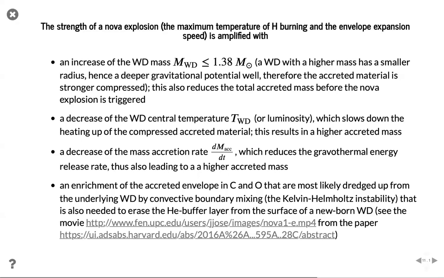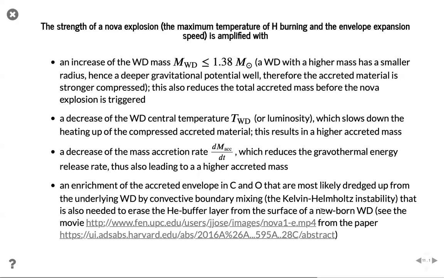In the previous movie, I showed you, instead of a real nova model, a nova-like model with a helium buffer layer. Actually, when a white dwarf is just born, as a result of the mass loss by an AGB star, a white dwarf is just the core of an AGB star that has lost its hydrogen-rich envelope.